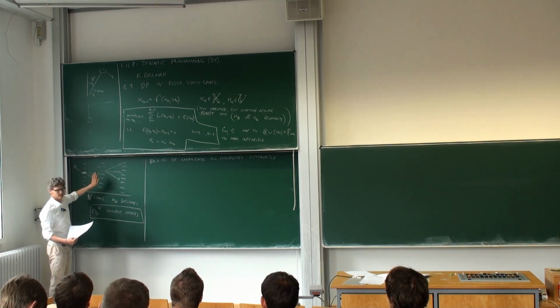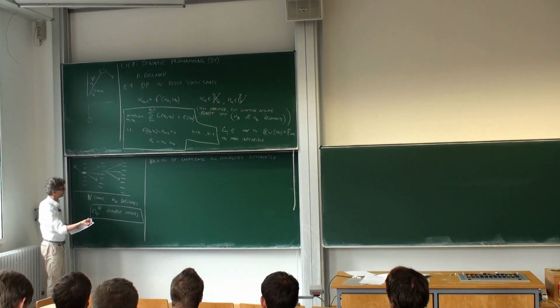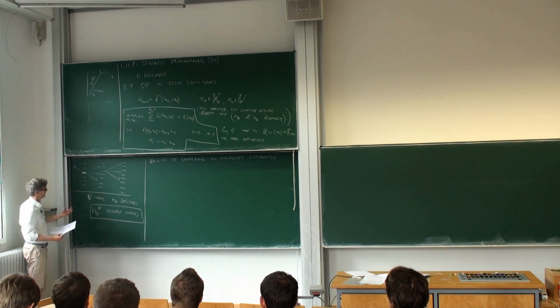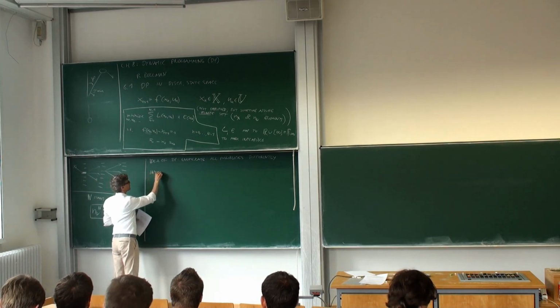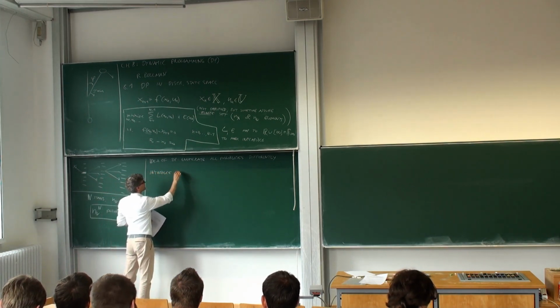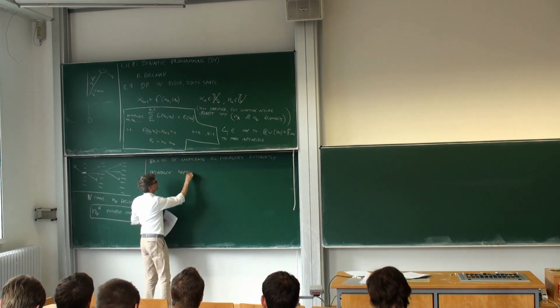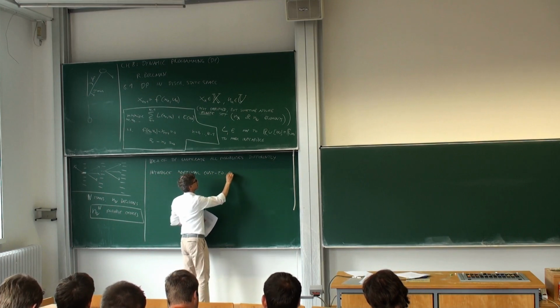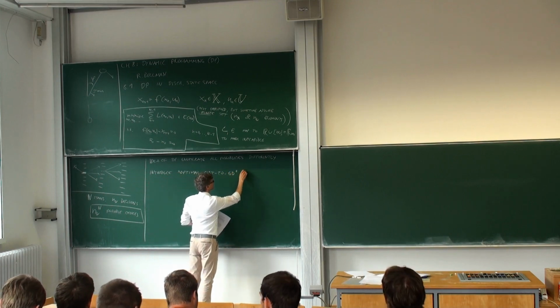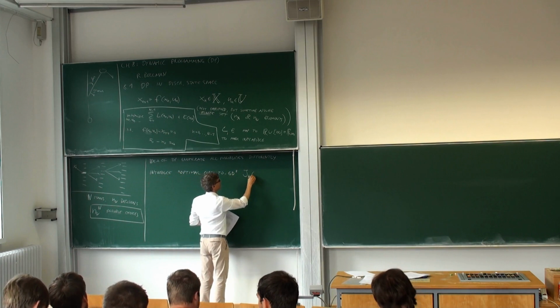So let's just introduce it and then see how this will allow us to more easily enumerate all possibilities. So introduce something: the optimal cost to go. We call it Jk of x.